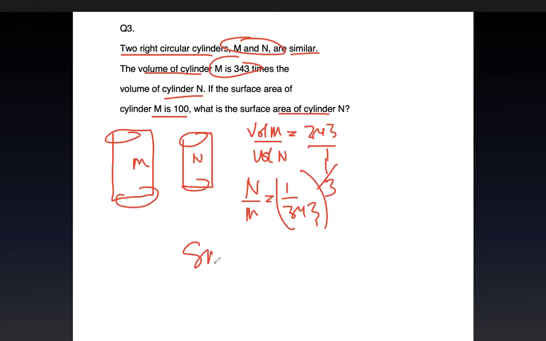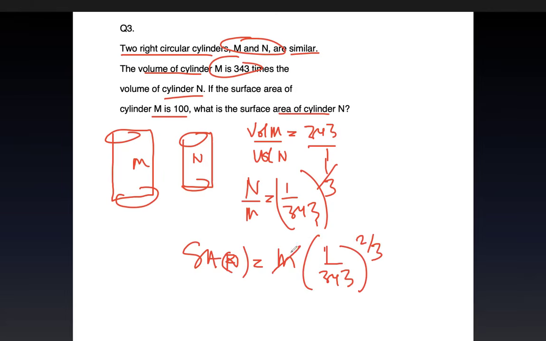So the surface area of N is going to be M times 1 over 343 to the power of 1/3, but you square everything, it becomes 2/3, right? And we know M is what? 100.